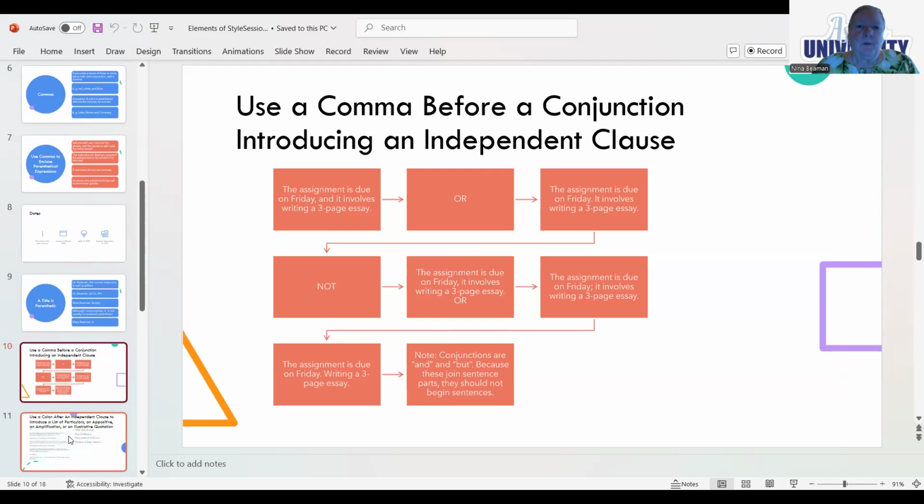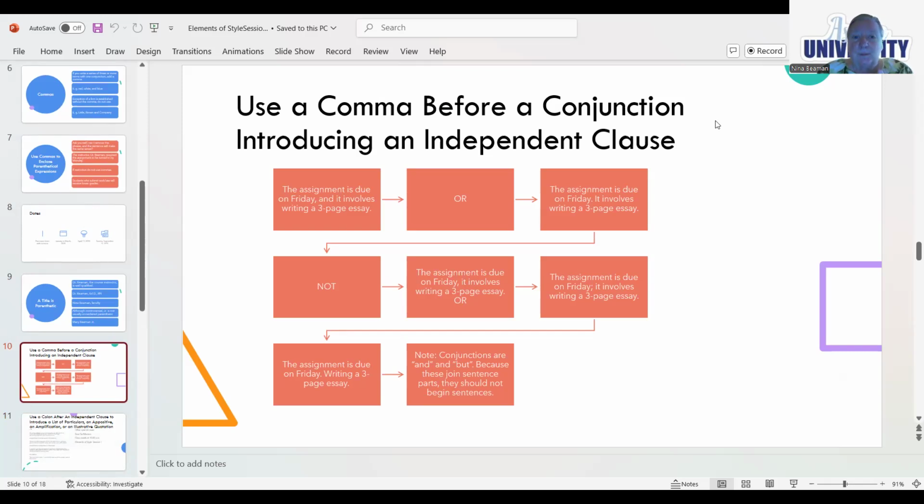So use a comma before a conjunction that introduces an independent clause. So let's talk about this. The assignment is due on Friday, comma, you pause as you speak, and there's your conjunction. You're joining two parts together. It involves writing a 3-page essay.